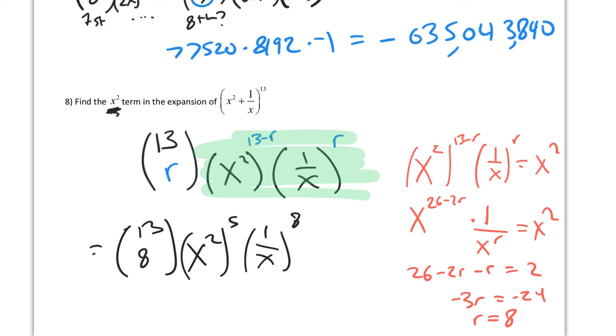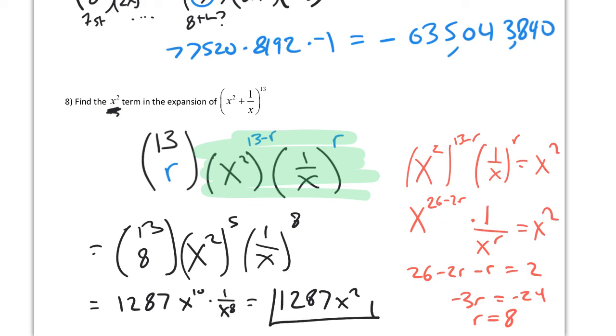And let's do a little calculation, which gives us 1,287 x to the 10th times 1 over x to the 8th. And look at that, we get 1,287 x squared. And it said find the whole term, so I give that whole answer, not just the coefficient. All right, that is binomial theorem. Thanks.